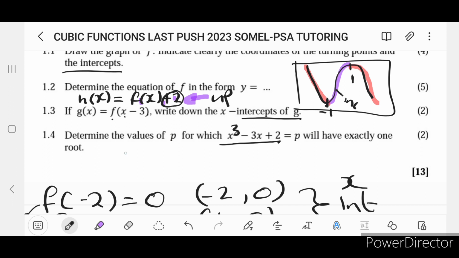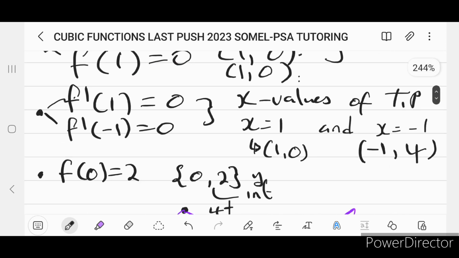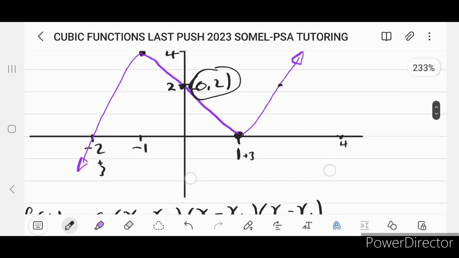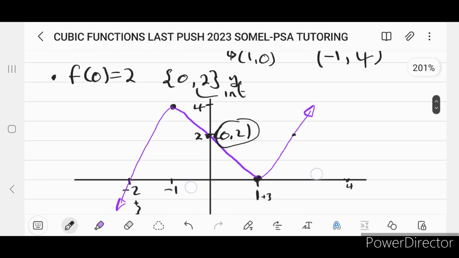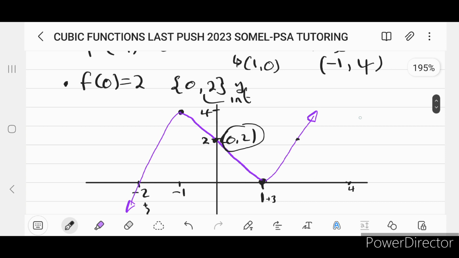Okay, so determine the values of p for which x cubed minus 3x plus 2 equals p will have exactly 1 root. So here I want us to answer this question looking at the function.